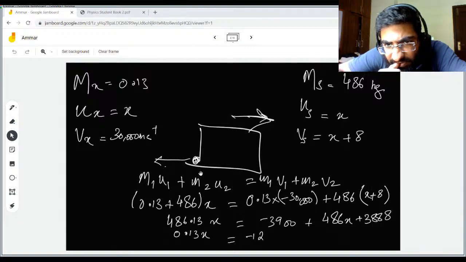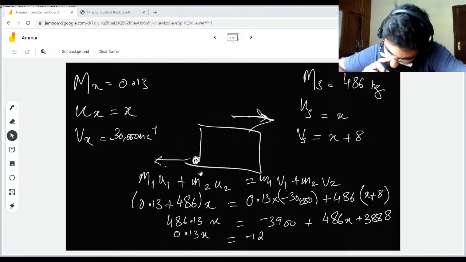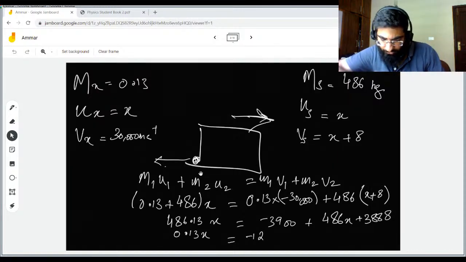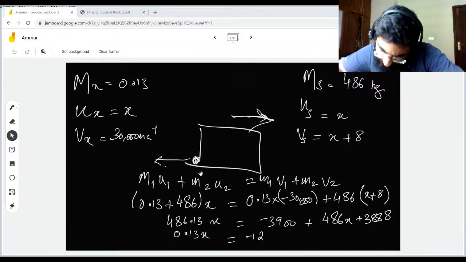But the direction should also come out as positive. Okay, what does the direction come out as? 12 over 0.13. This is 12, right? Yeah, it's minus 12.